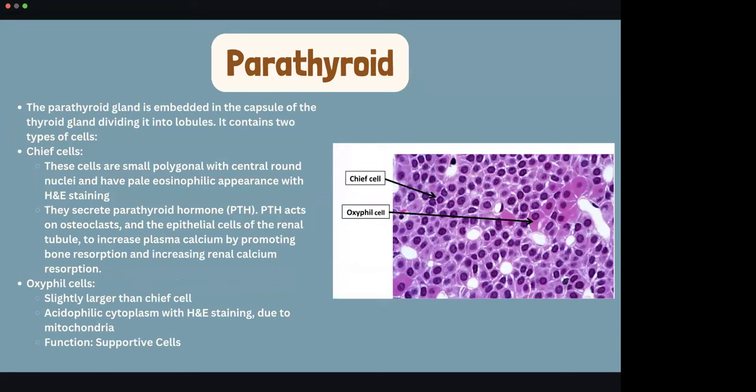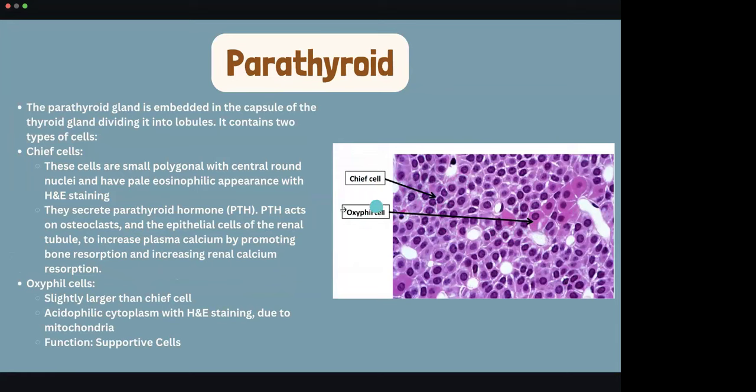Now moving on to the parathyroid gland. The parathyroid gland wasn't mentioned in Dr. Yaqeen's lecture, but it was mentioned in the lab manual, so I decided to include it. As we said, it's embedded in the capsule with the thyroid gland and has two main types of cells, chief cells and oxyphil cells. Oxyphil cells are acidophilic, while the chief cells are basophilic. So the chief cells are bluish, and the oxyphil cells are more of a red color.